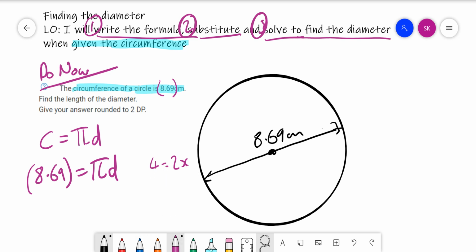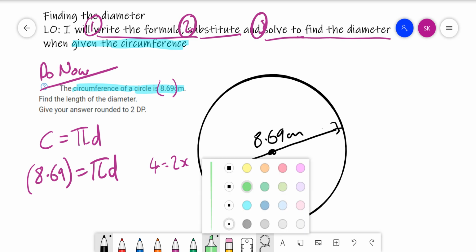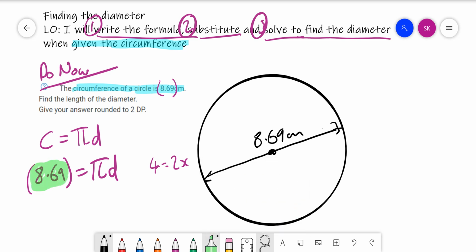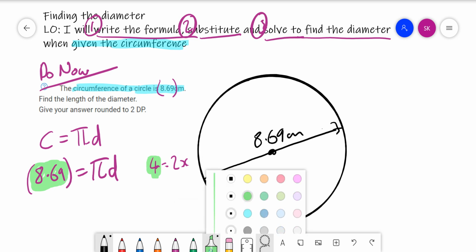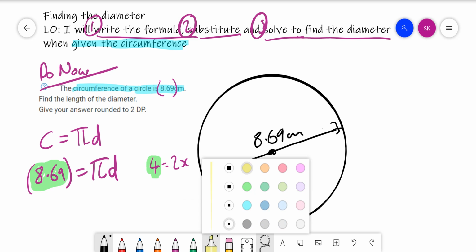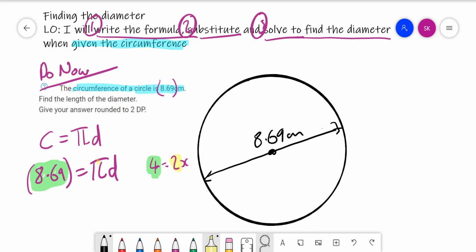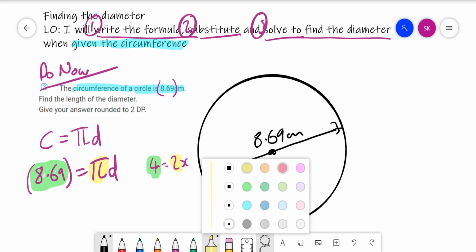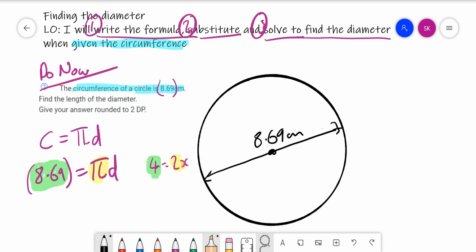In place of 4, however, we've got 8.69. In place of 2, we have pi. Remember, pi is just a number. And in place of x, we've got the diameter, the thing that we're trying to find.